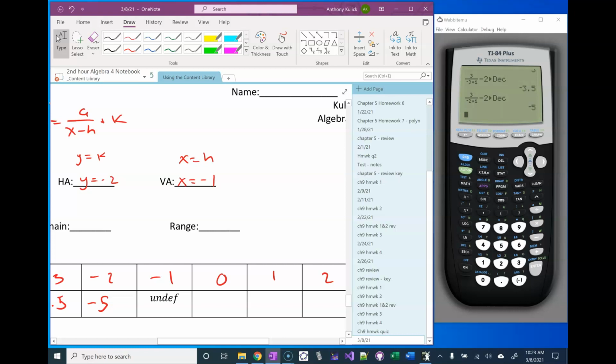You can't print out, like take the review key and telescope it down 150% and cut it out and paste it in there. You have to write it yourself. If you can write mega small and get everything in there that you want, you can write mega small. And then you have to turn it in with the test. So you'll staple it to your test and turn it in.